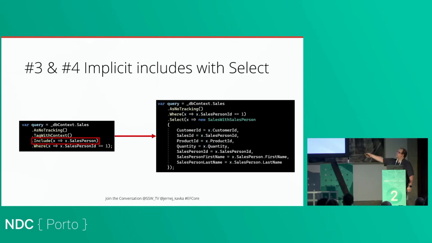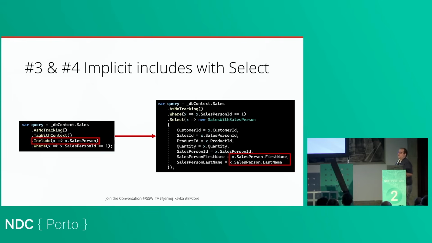So for instance, here I have one that has .include. And here I have one that does mapping over here. And you can see that you can just directly map x.sales.firstname. And what it's going to do behind the scenes is join the sales table and the salesperson for you. You don't have to think about it.